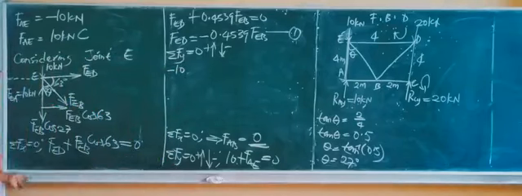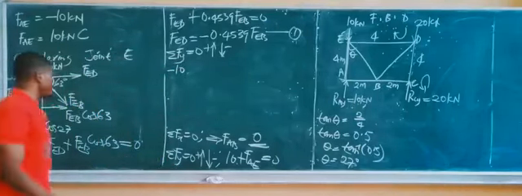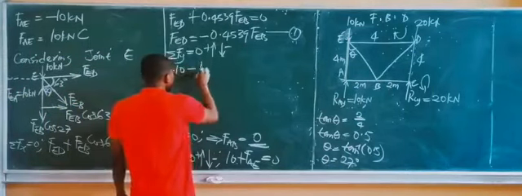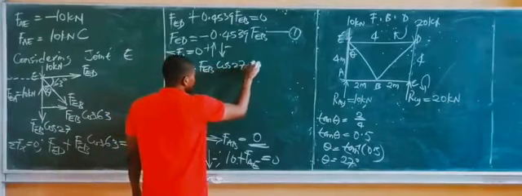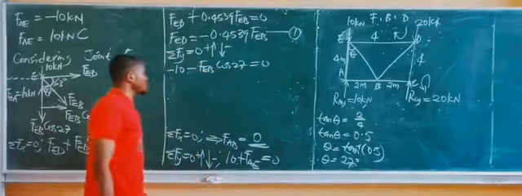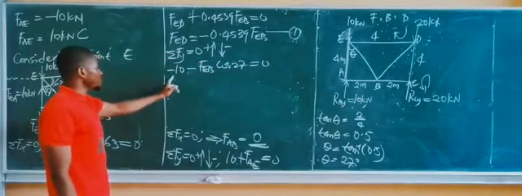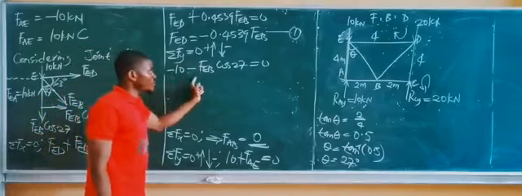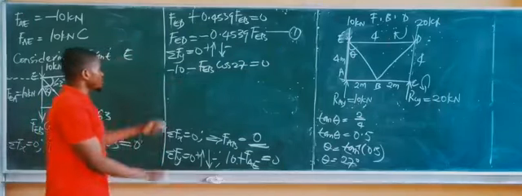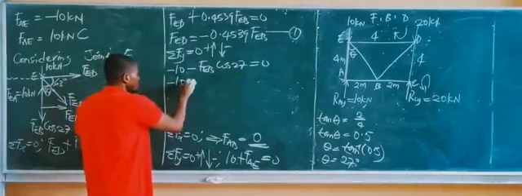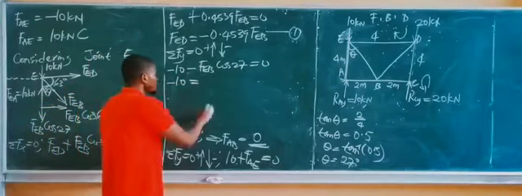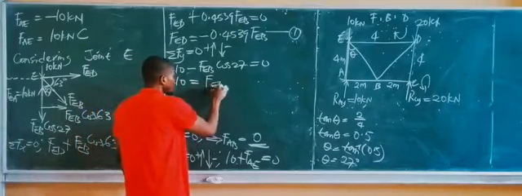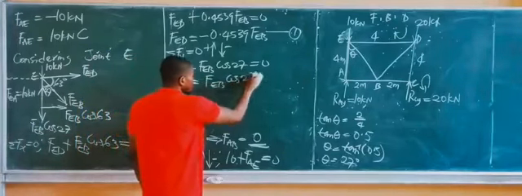We also have FEB cos 27 pointing downward, so it's negative: minus FEB cos 27, and this is equal to 0. So let's simply send minus FEB cos 27 over to this side of the equation. We are left with minus 10 here, and that's equal to, negative sign, constant equal to sign becomes positive, FEB cos 27.